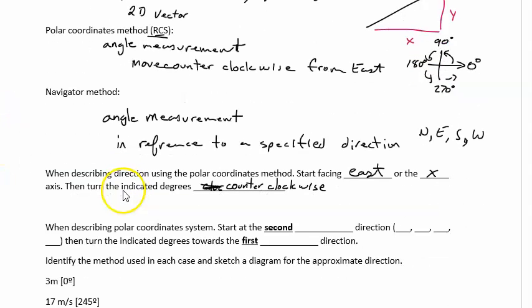When using that navigator method, what we're looking at is we start at the second direction. Now again, that can be north, east, south, or west, and then turn the indicated degrees towards the first direction. Okay, so for example, if we've got 30 degrees north of east, we're starting east and we're turning 30 degrees towards the north.